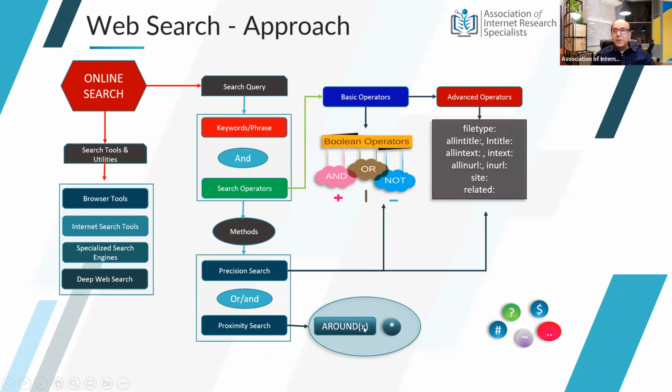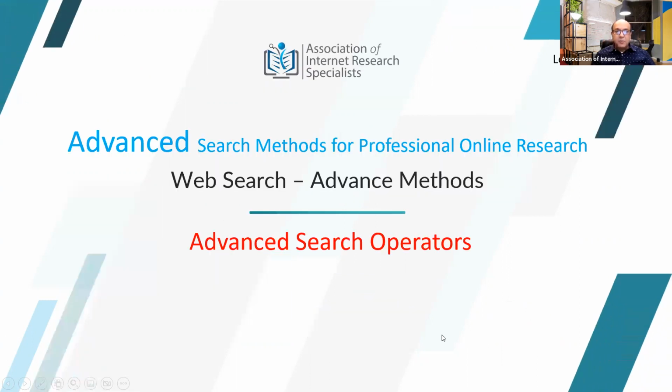You don't know precisely, but approximately. So that number of words is what is represented by the X here. The operator is around, parenthesis, number of words, parenthesis close. Asterisk is just the symbol itself.